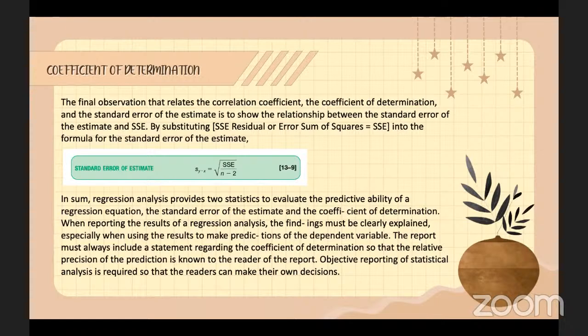And when reporting the result of a regression analysis, the findings must be clearly explained, especially when using the results to make predictions of the dependent variable. The report must always include a statement regarding the coefficient of determination so that the relative precision of the prediction is known to the reader of the report.